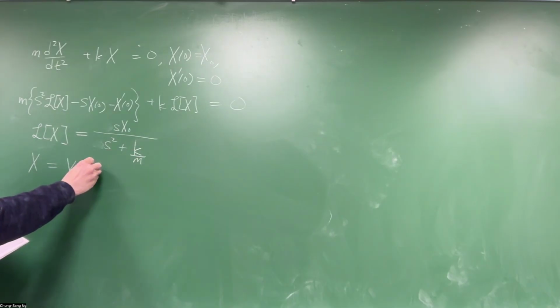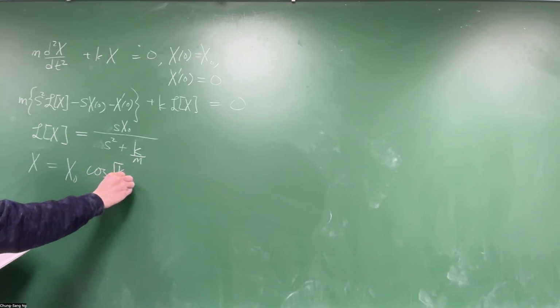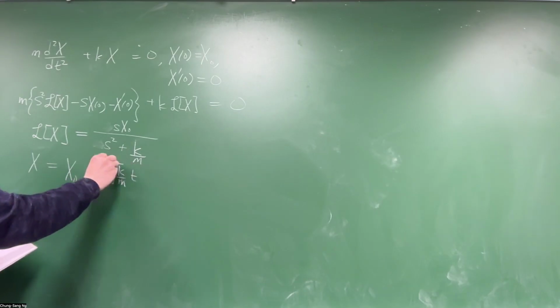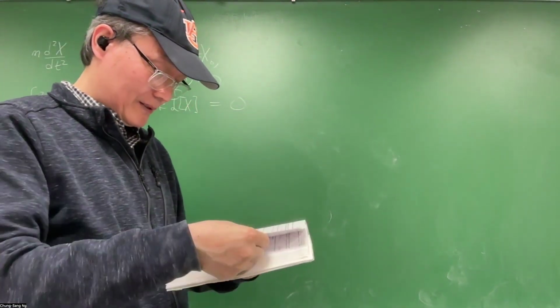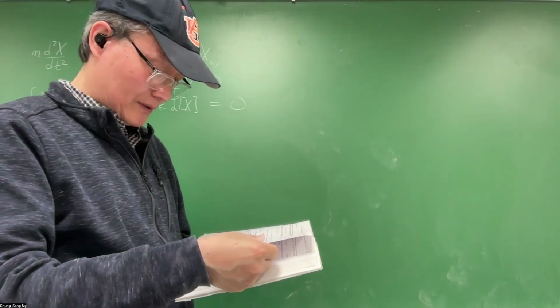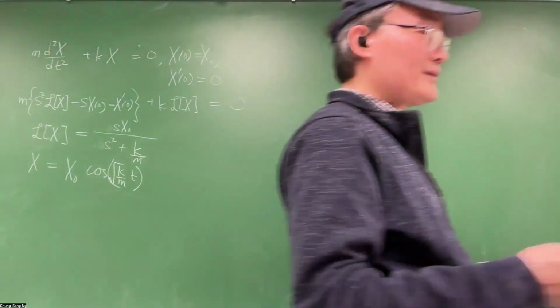So this is x0 times cosine of square root of k over m times t. That's the answer. Okay, another simple example.